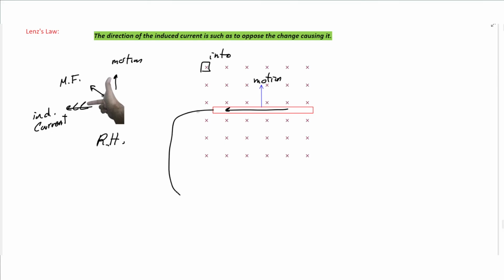If you have a connection with a component outside this wire, the induced current will move from this side, which means this side is considered positive and this side is considered negative, and the wire now is considered as a battery. So we say that moving the wire, there is a change in flux or there is a cutting of magnetic field, which induces an EMF, a voltage of a power supply.